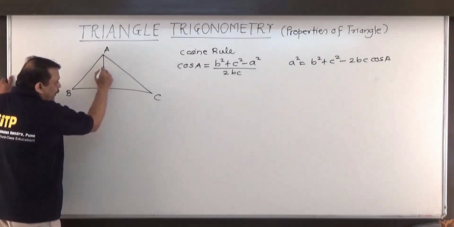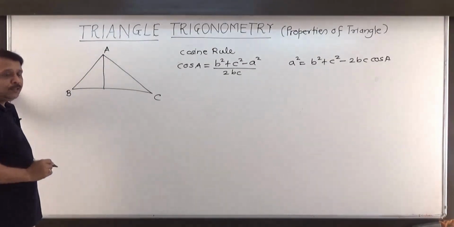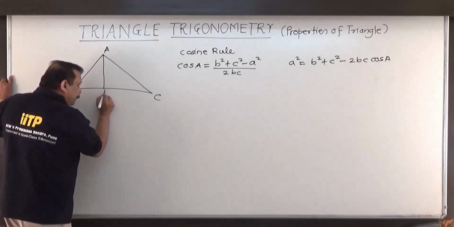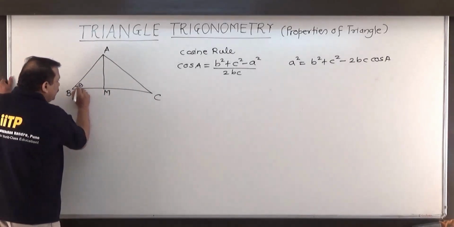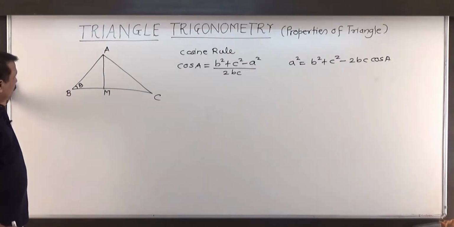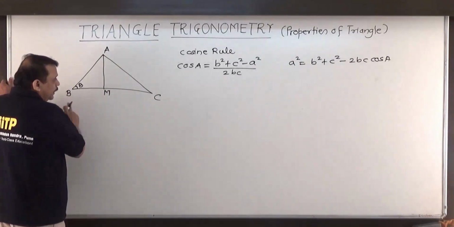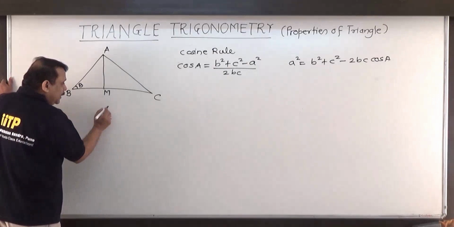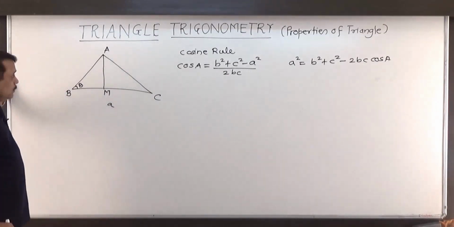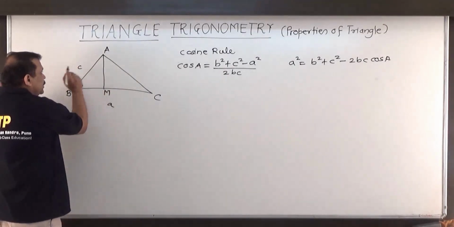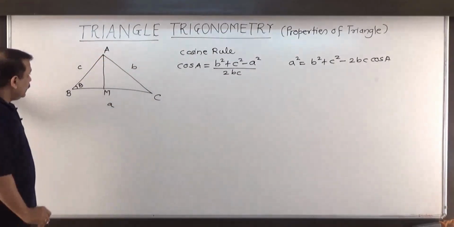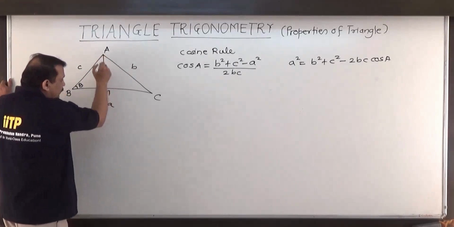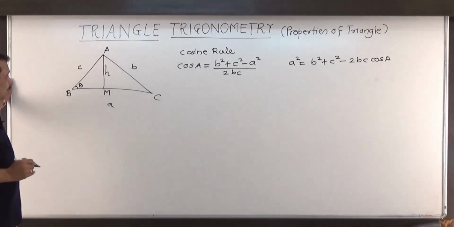From the point A, you drop the perpendicular on the opposite side at, say, M. This angle is B. The total distance BC is a, this opposite side is c, and this opposite side is b.